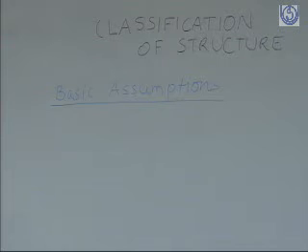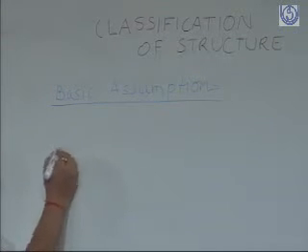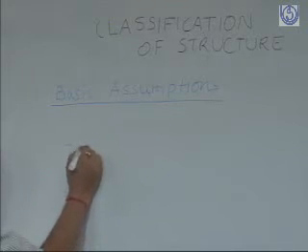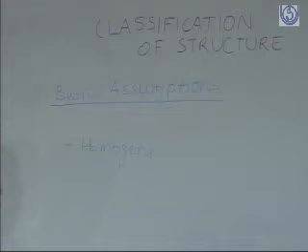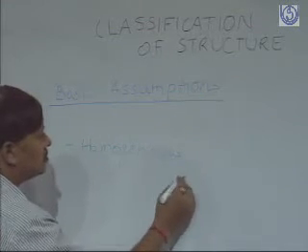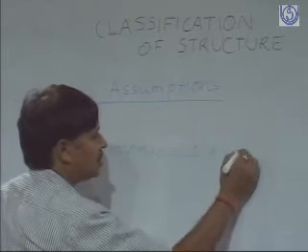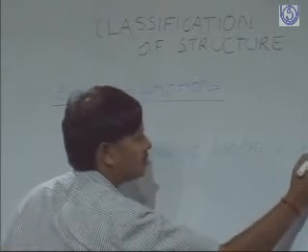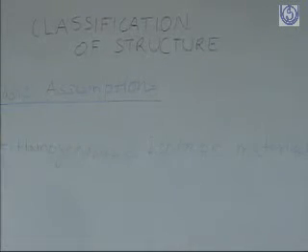So these basic assumptions are: homogeneous or isotropic material, homogeneous and isotropic material.